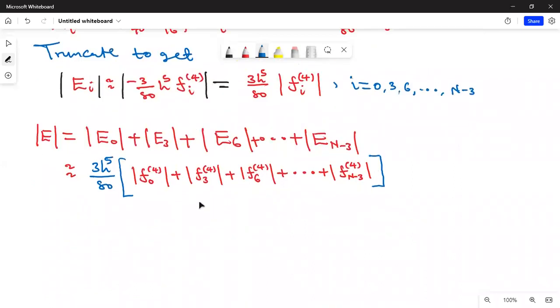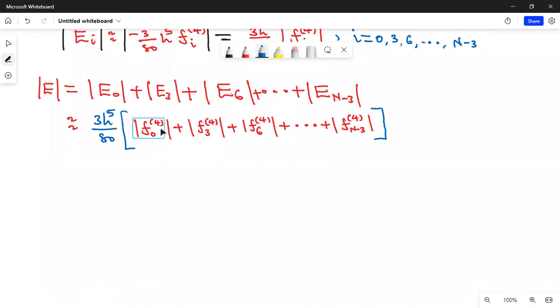Now, how many of these do we have? There are n over 3 of them, because we are writing them in steps of 3. So these are n over 3 terms. And now we can say that this should be less than or equal to 3h raised to 5 over 80 times n over 3 terms, because we have left out so many other terms.